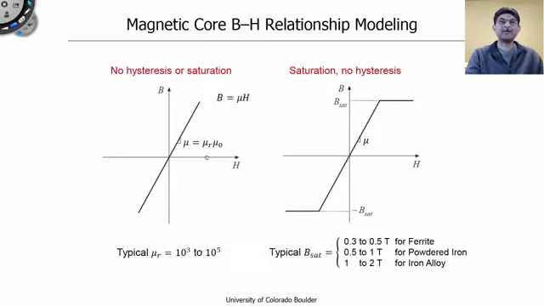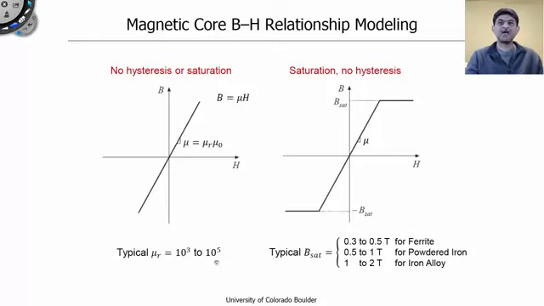For magnetic materials commonly used in power converters, the relative permeability ranges between 1000 and 100,000.